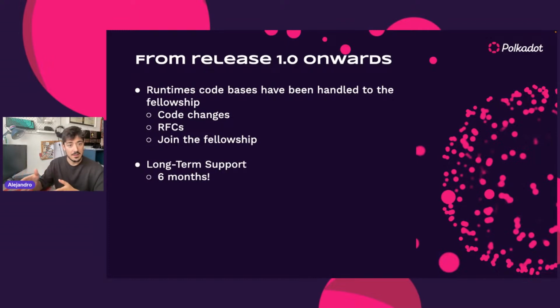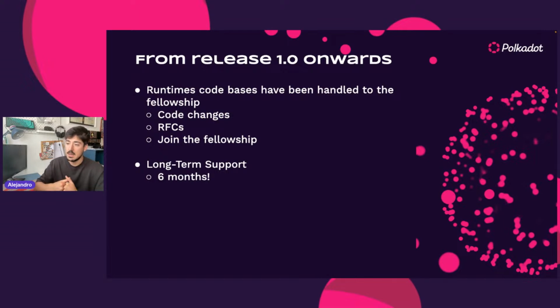Now it's living under the fellowship, which is also a step forward into decentralization, because the code is now owned by the community, by the Polkadot community. So from here as well, I'm inviting every contributor out there to submit code changes to the Polkadot runtime on the Polkadot Fellows organization, /runtimes. You will find it there. Open RFCs or join the fellowship.